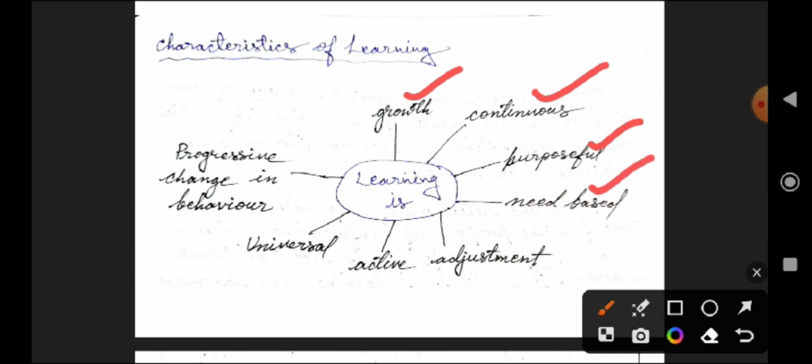Because we need that. Okay. Learning is adjustment, learning is active, learning is universal, then learning is progressive change in behavior. So friends, these are the characteristics of learning. I hope you are understanding, friends.